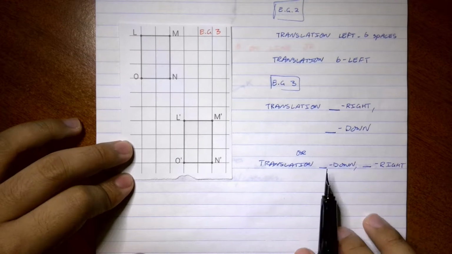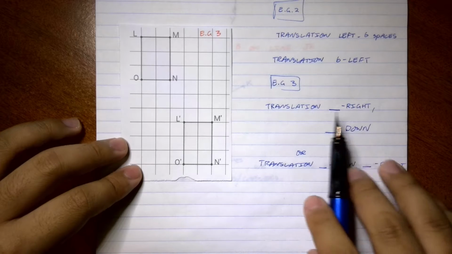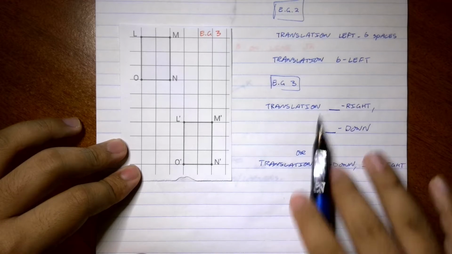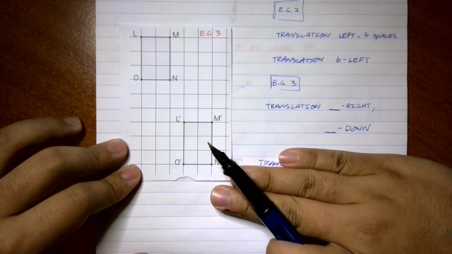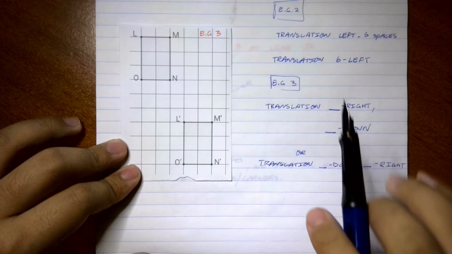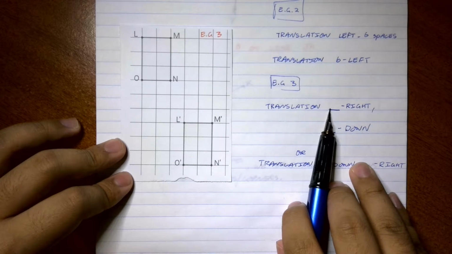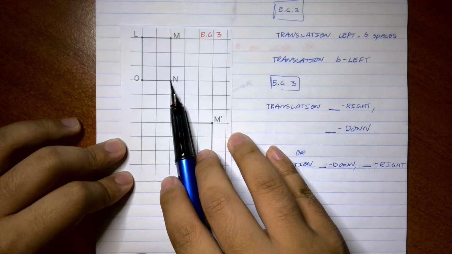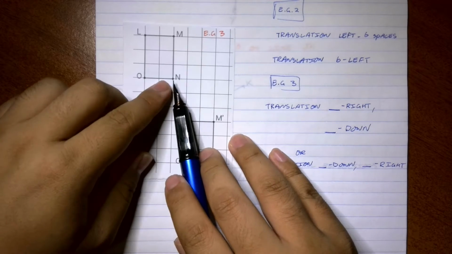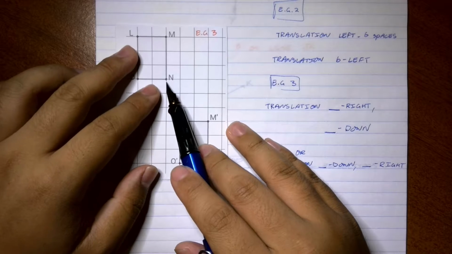I'm going to show you how we can do this. Let's go with this one first. Let's see how many spaces it goes right. The way we can do that is we can focus on one letter at a time.